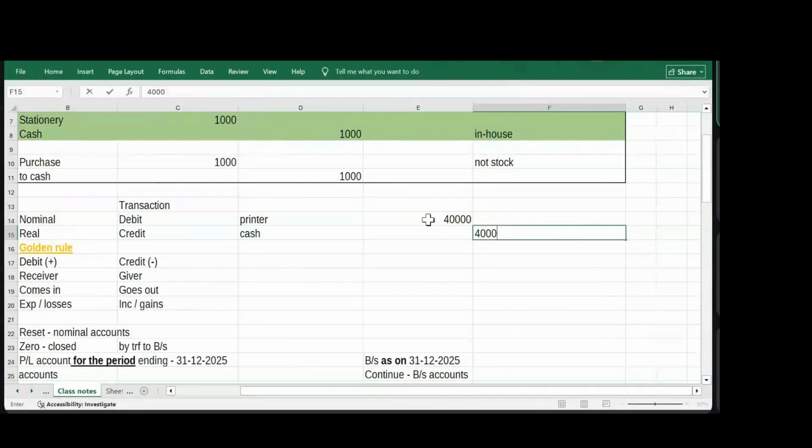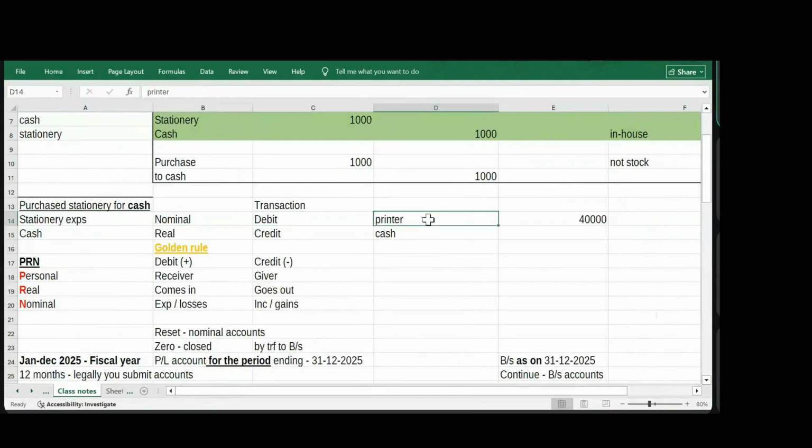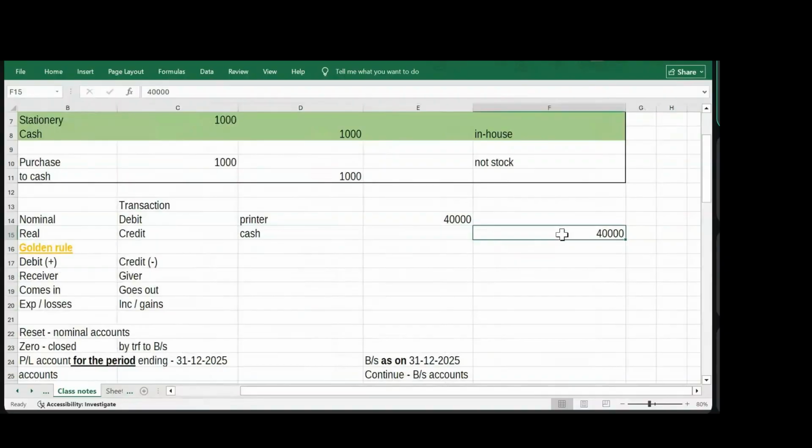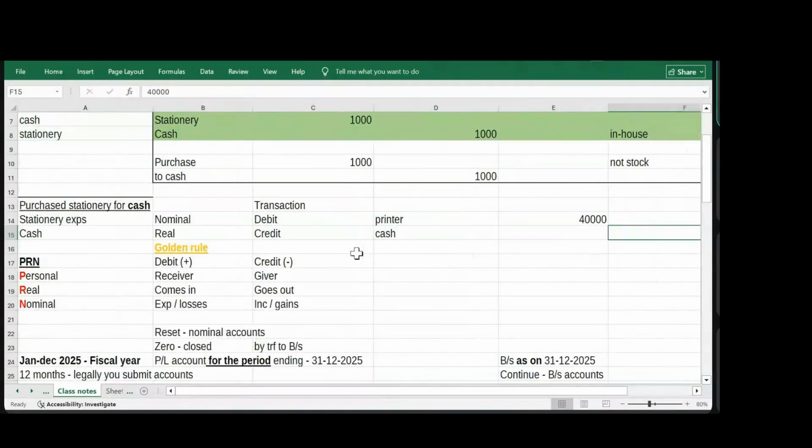Now here, for the printer, later on depreciation will happen. Still it will be in the name of printer, and the amount will be different based on the value. Here cash is 40,000, here this is 40,000. Now you see cash got repeated here; whatever we do will go on being put under the cash account.